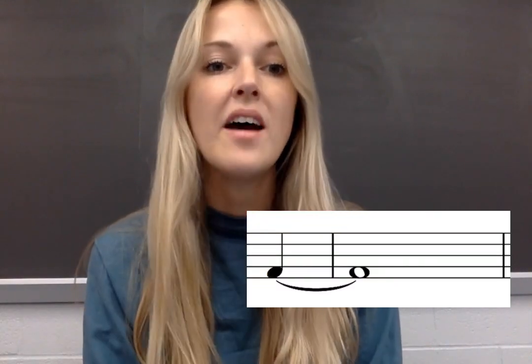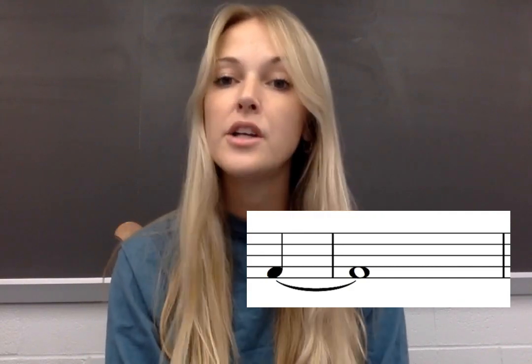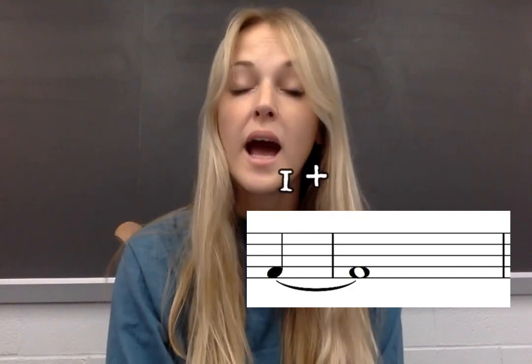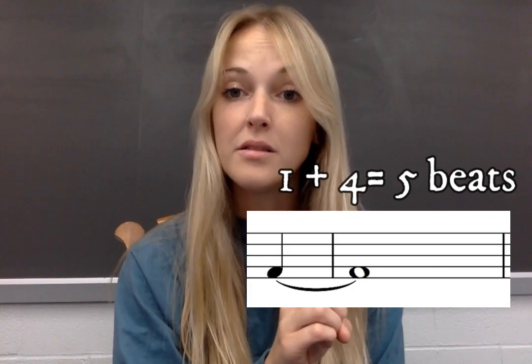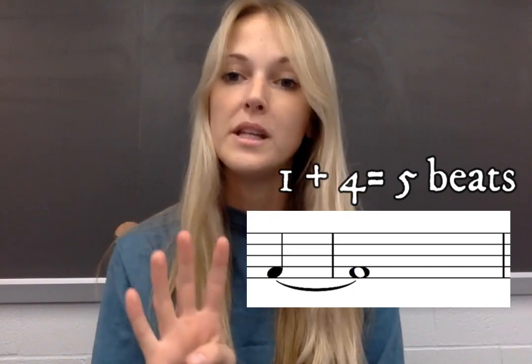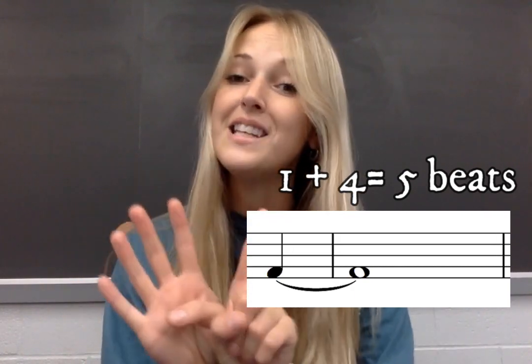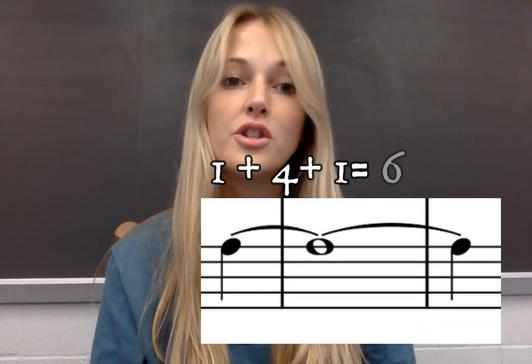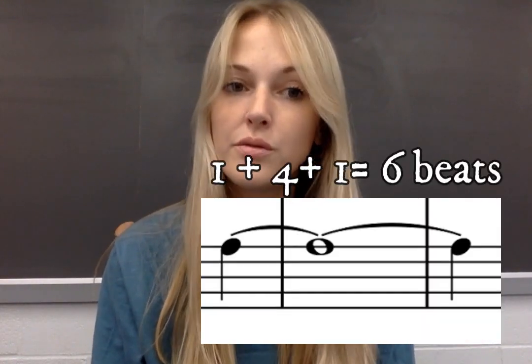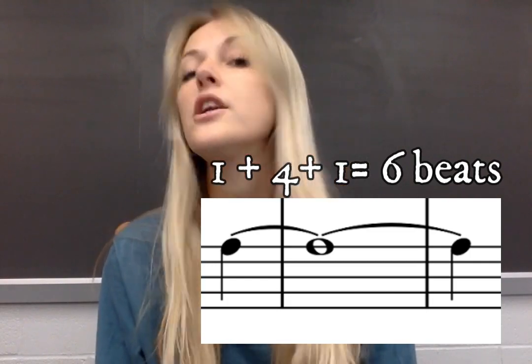Let's look at some examples. So in this example, we have a quarter note tied to a whole note. So the quarter note has 1 beat and the whole note has 4 beats. So when they're tied together, it is 5 beats. Okay, let's look at the next one. So in this example, we have a quarter note tied to a whole note, tied to another quarter note.